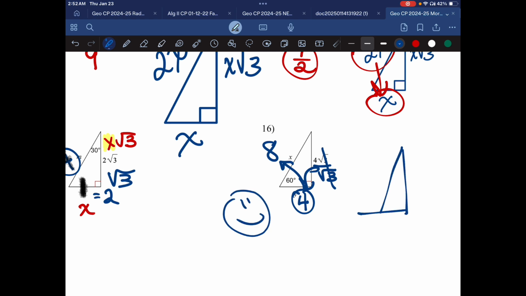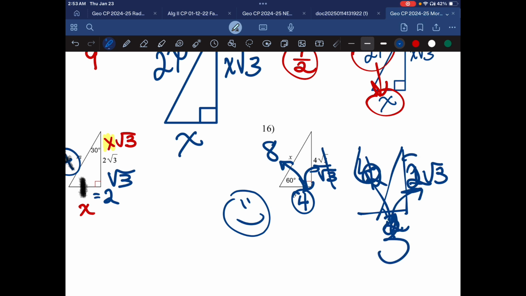So again, it goes like 1, 2, 1 square root of 3, 2, 4, 2 square root of 3, 3, 6, 3 square root of 3, and so on, and so on, and so on.